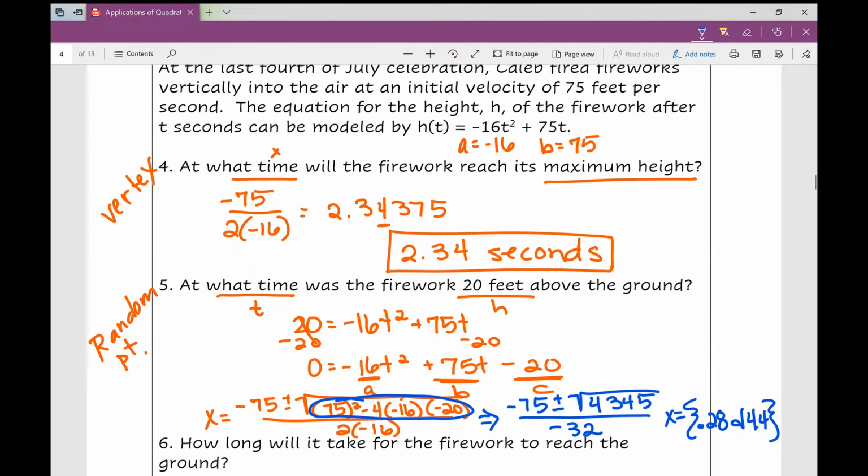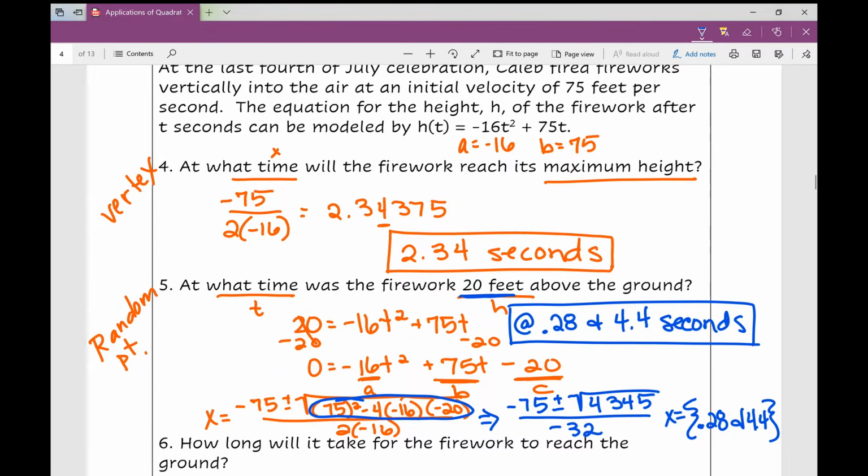Well, wouldn't that make sense? If a firework comes up and then it goes down, it will be at the height of 20 feet at two separate times. At 0.28 seconds and 4.4 seconds. I've got two answers for this particular problem, and that makes sense.